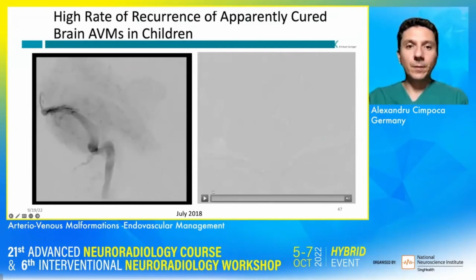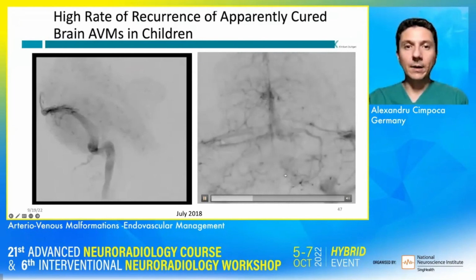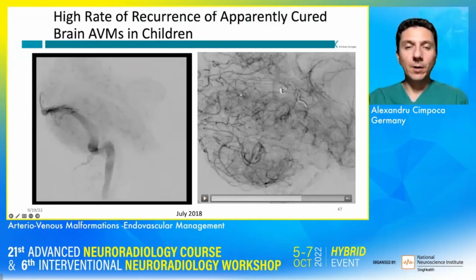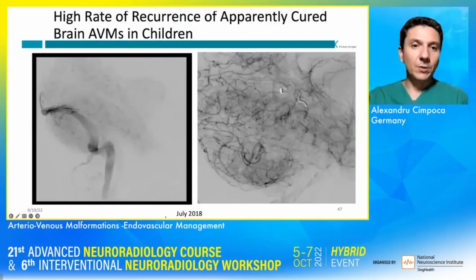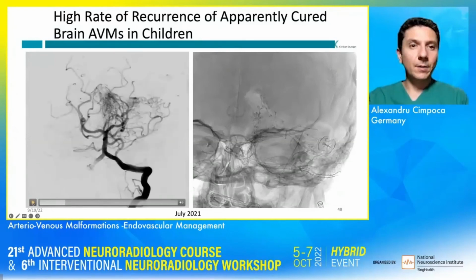So the AVM was embolized and resected with a very good technical and clinical outcome. You can see here there is no arteriovenous shunt anymore. That was July 2018. 3 years later, routine follow-up: you can see again the presence of a pretty high-flow shunt.